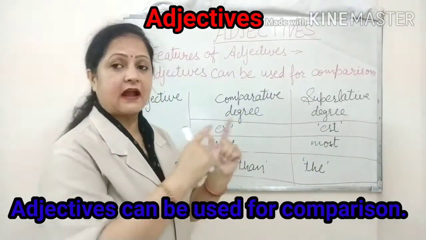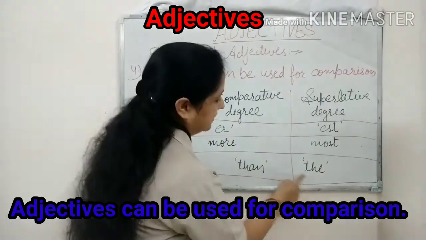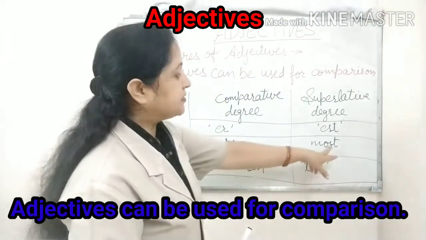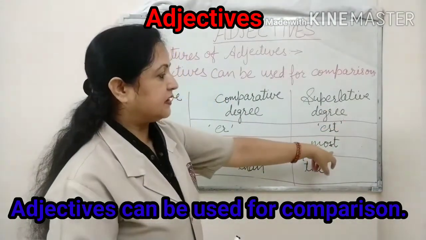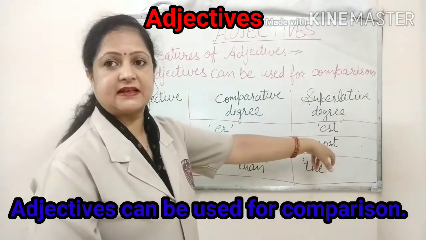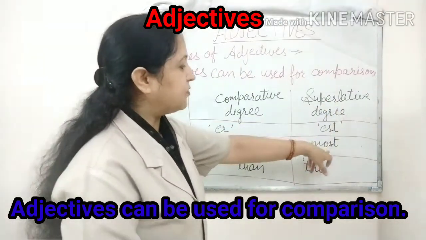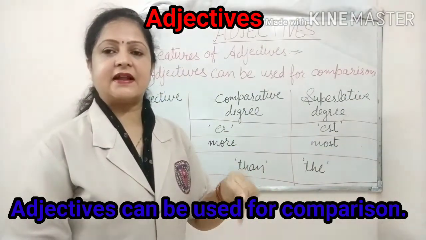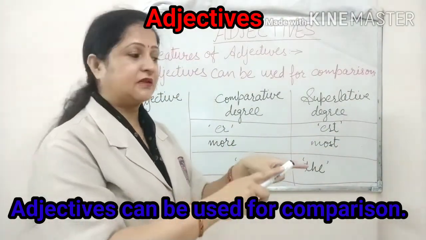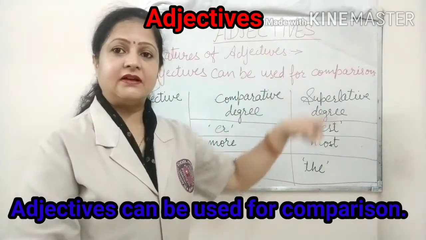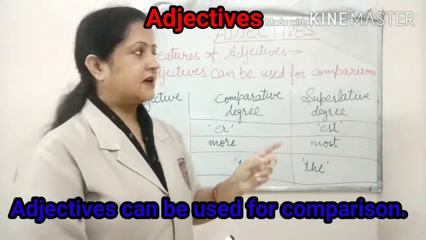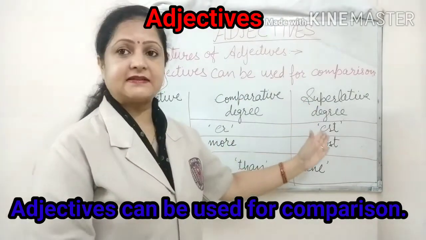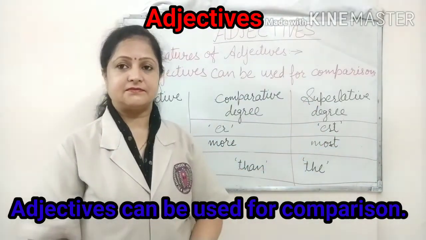So what I said: Ram is the, article the. Ram is the most intelligent. Superlative degree of intelligent is most intelligent. So Ram is the most intelligent boy of the class. So here I compared the intelligence of Ram with the whole class. So I think the comparative and superlative degree is clear to everybody.